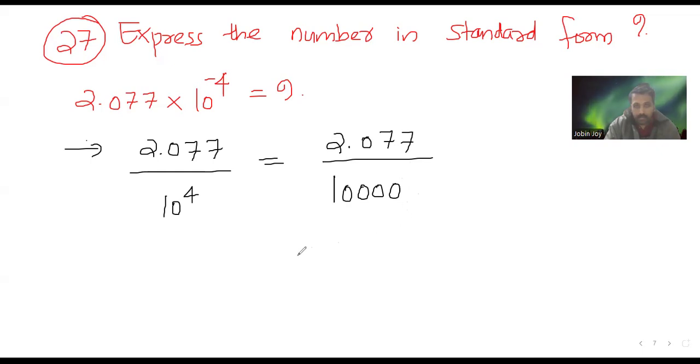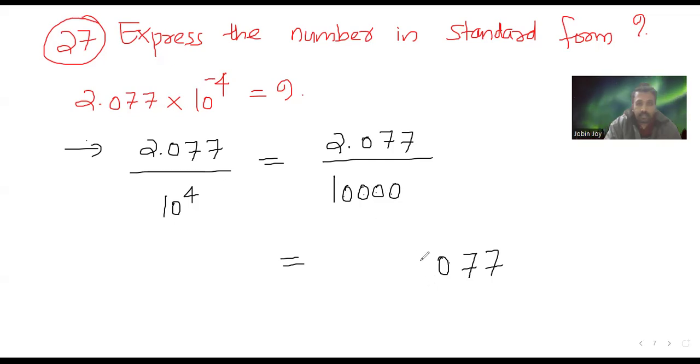Okay. So this will be equal to 7, 7, 0, then 1, 2, 3, 4, right?